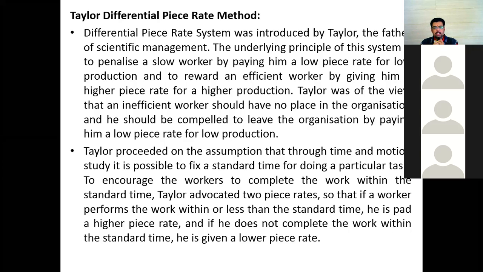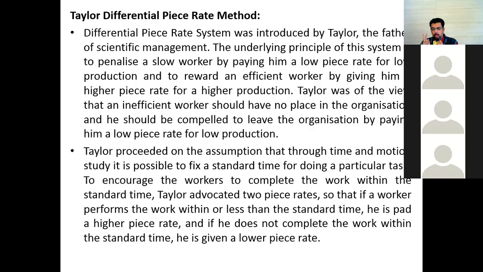Taylor proceeded on the assumption that through time and motion study, it is possible to fix a standard time for doing a particular task. To finish any given task, they will fix that particular timing. So to encourage the workers to complete the work within the standard time, Taylor advocated two piece rates, to motivate efficient workers in the organization.